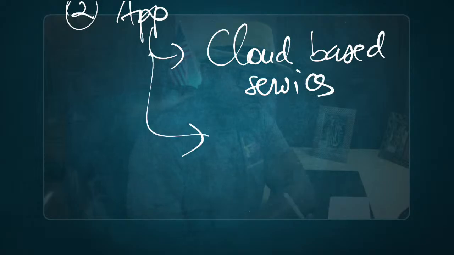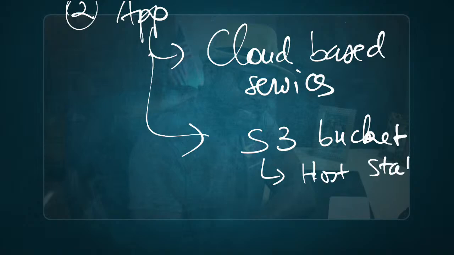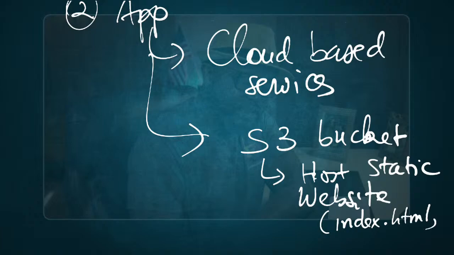In this case, you're going to use an S3 bucket on AWS, and on this one you can host your static website, meaning that you're going to need your index.html and more.